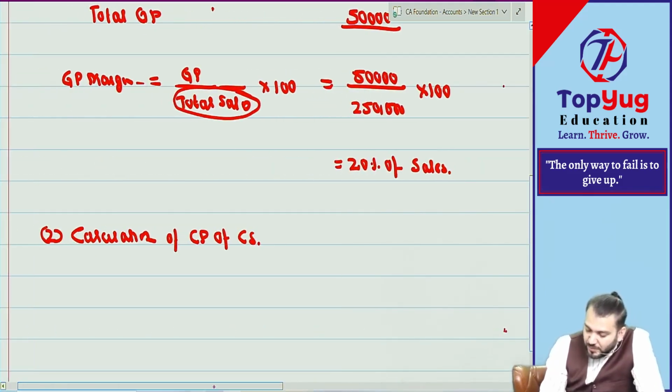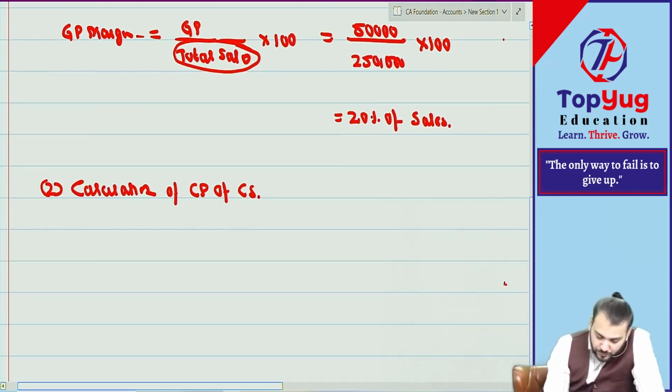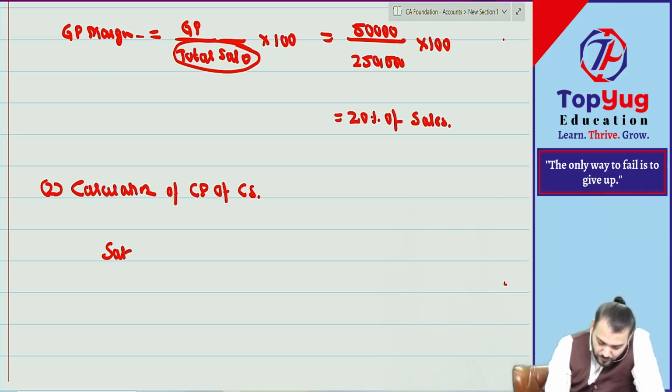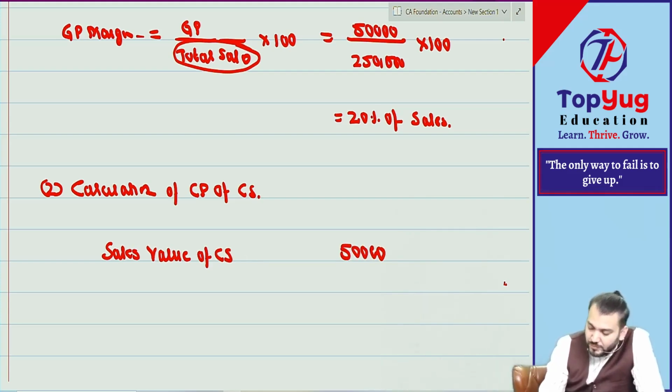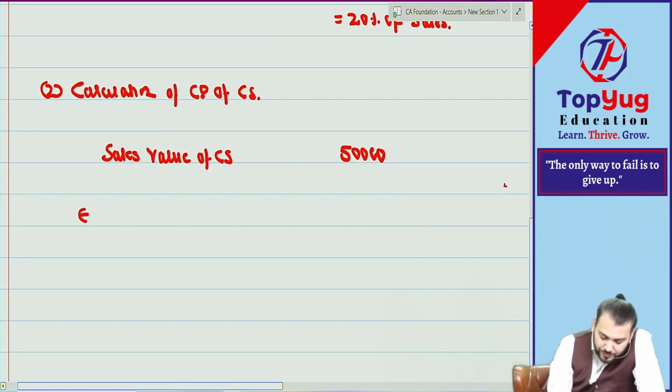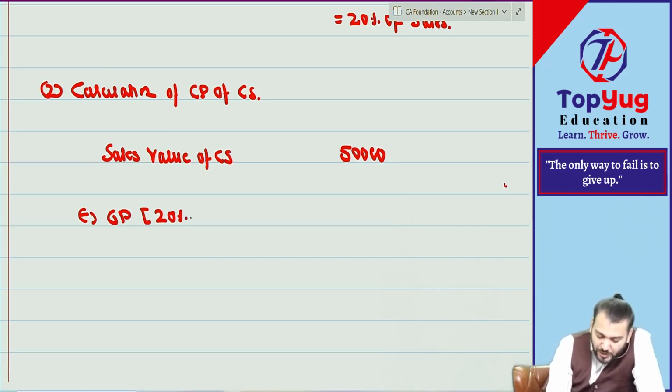So what is the sales value of closing stock? How much is given? 50,000. From this what will we deduct? Gross profit. Gross profit is 20% of 50,000 only.